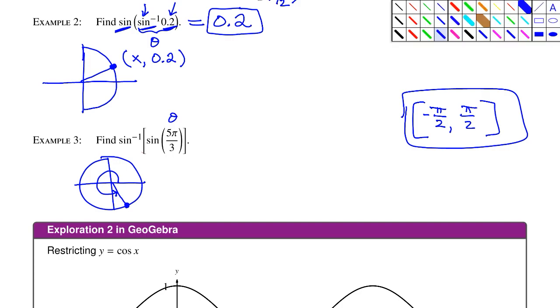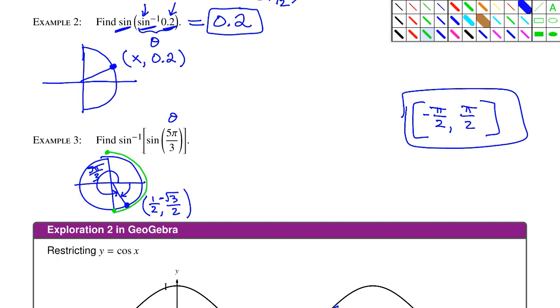And we'll go with, here is the point at 5 pi over 3. And that point would be 1/2, comma, negative root 3 over 2. And then the question is, what angle would produce this point on the unit circle, but only if I represented it from negative pi over 2 through pi over 2?